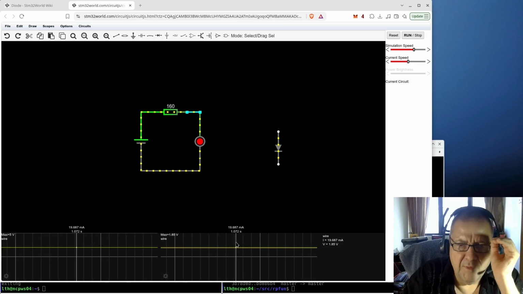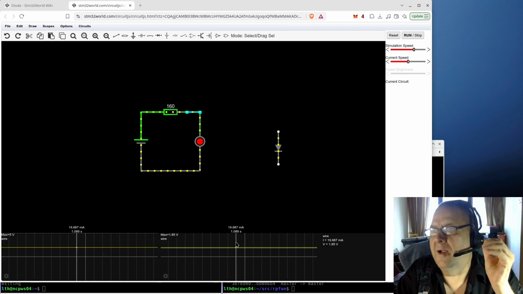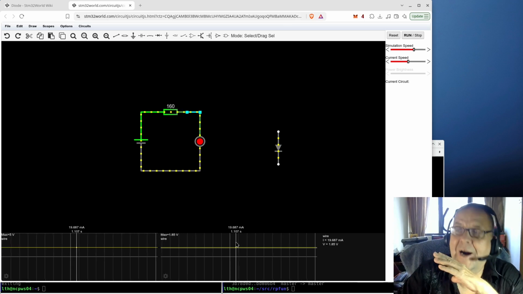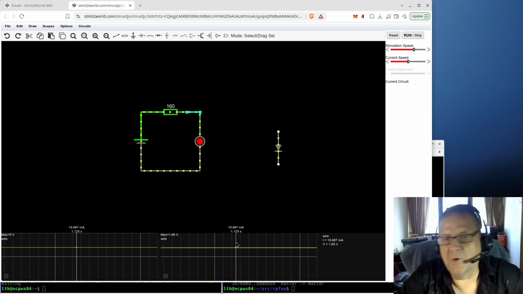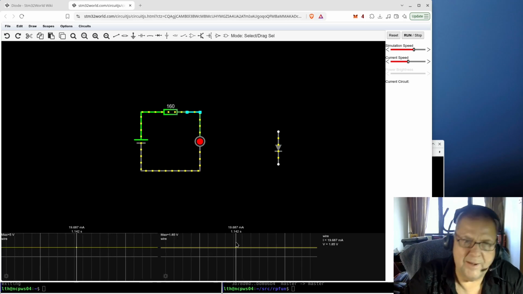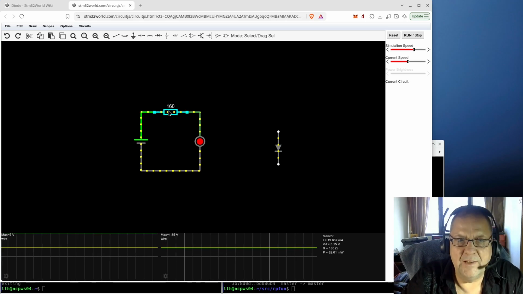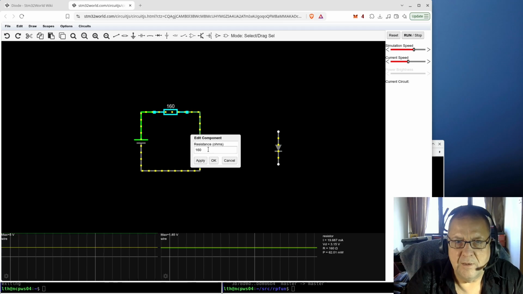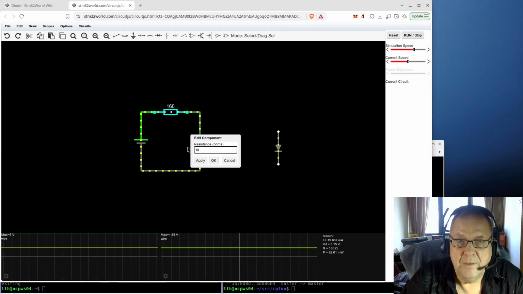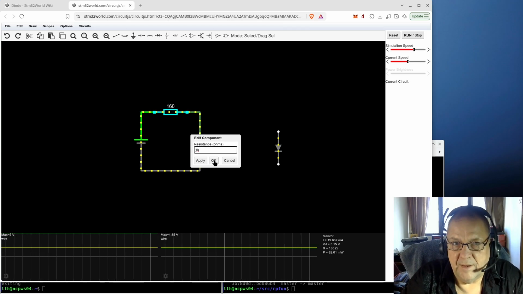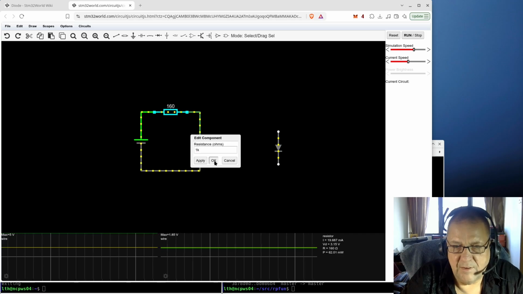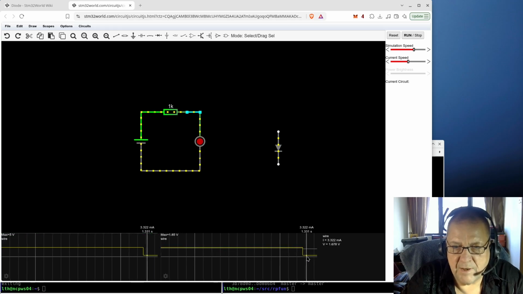If you put more than 20 milliamps through a LED, it will blow. However, you can do much lower current and it will still be quite bright. So we can easily put this one up to, let's say, 1K. We will have the same voltage on both sides, but you can see much less current.